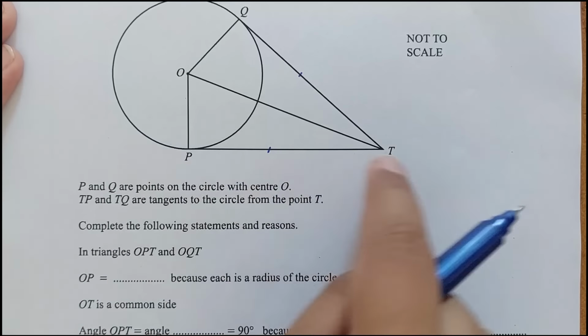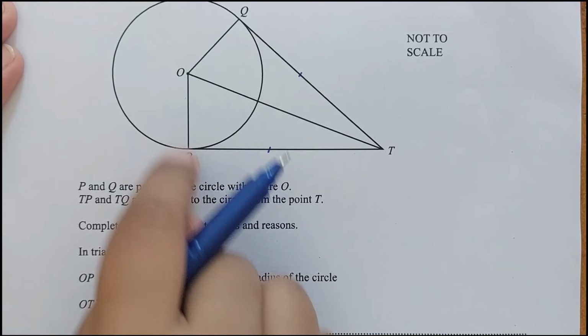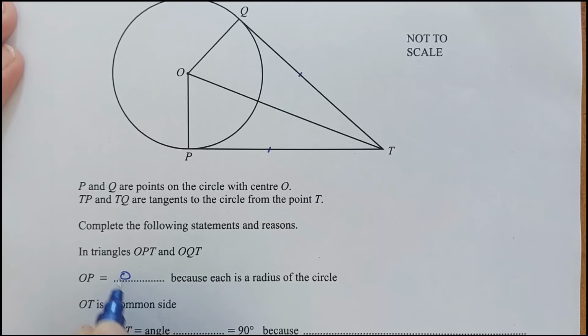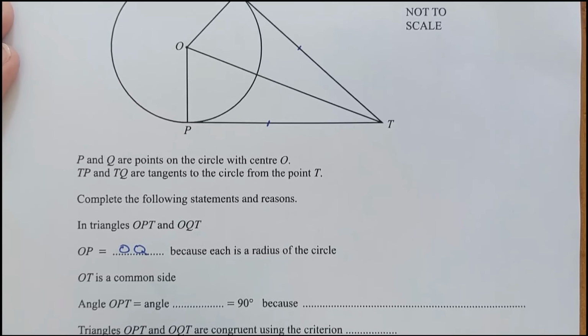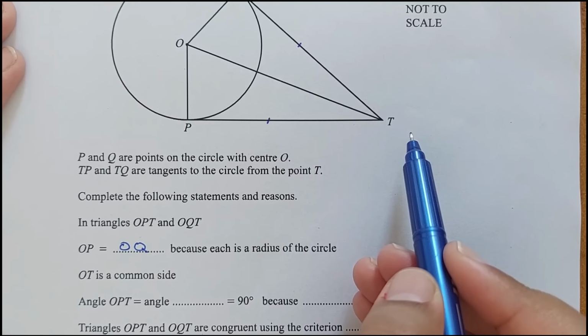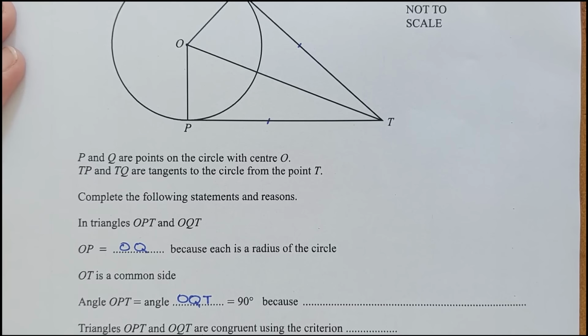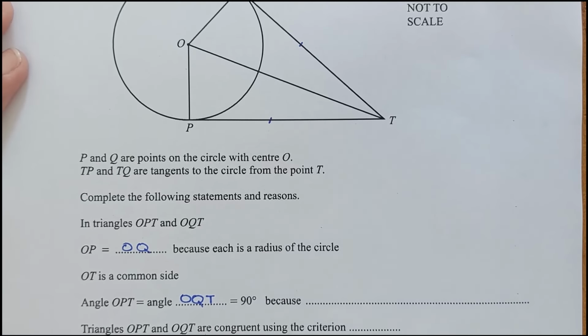OPT and OQT, these two triangles, OP and OQ are both the same because each is a radius of a circle, right? OT is a common side, yes. Angle OPT is equal to angle OQT and this is 90 degrees. Alright, and what is the reason?